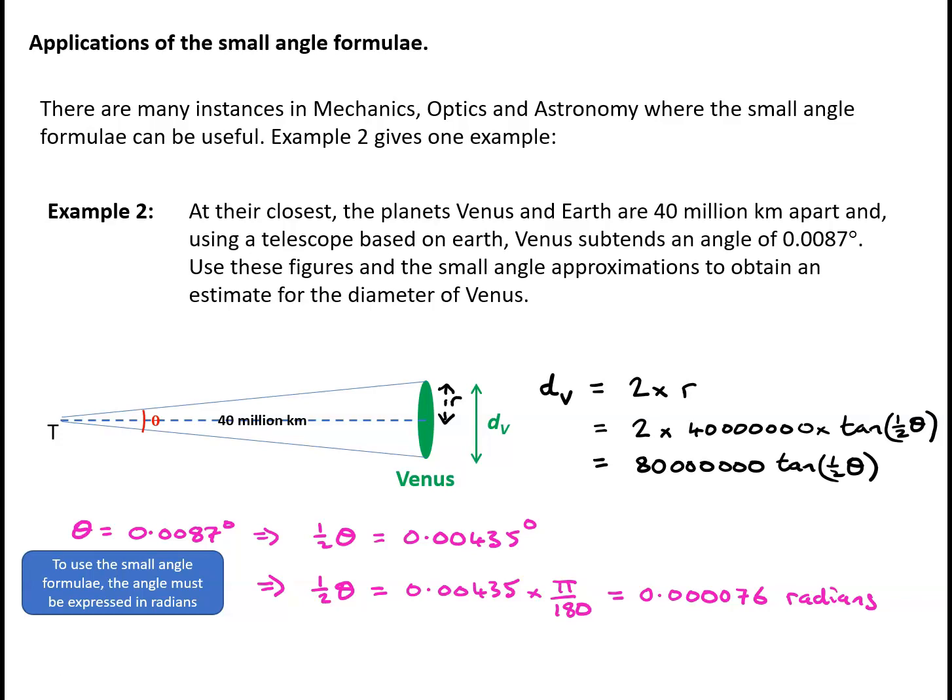Now 0.000076 radians is certainly smaller than 0.3 radians, so we can say that the tan of a half theta is going to be roughly the same thing as a half theta.